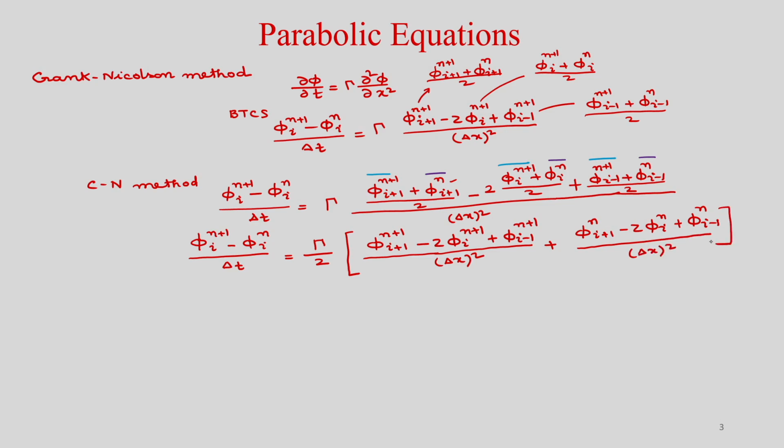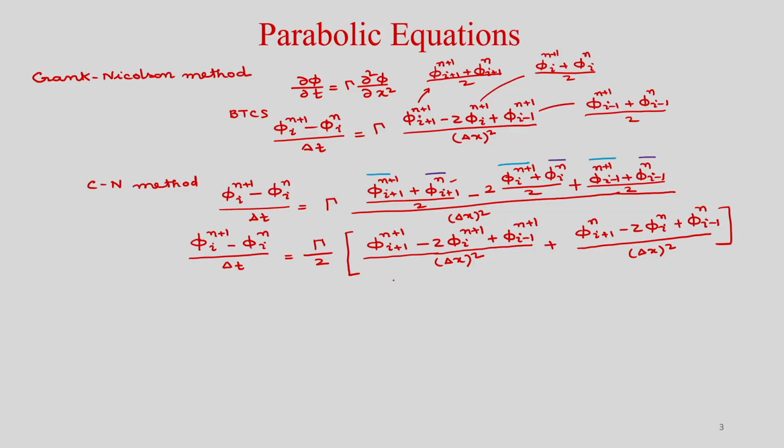So, can you observe something from this equation? Okay, you can see that this term is a discretization like BTCS, the implicit method, backward time central space, whatever we have used. So, it is similar to BTCS. And you can see that all of this we have taken from the previous time level n, which is actually the explicit method, FTCS, forward time central space.